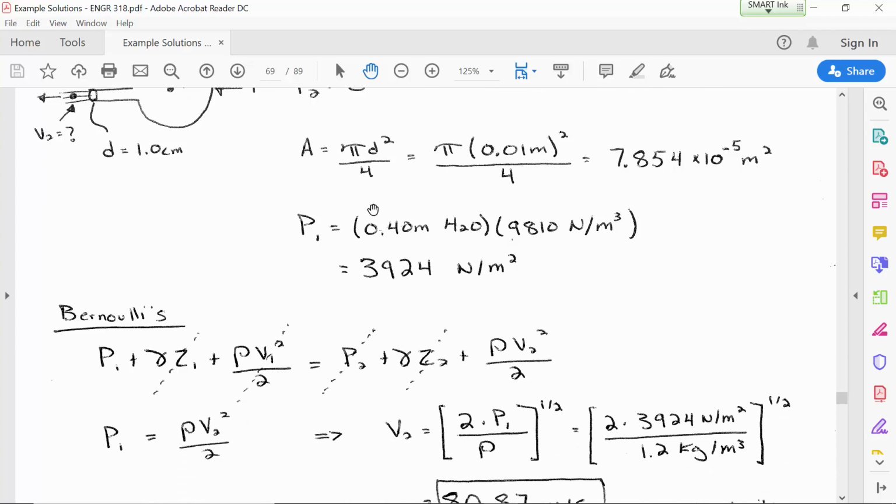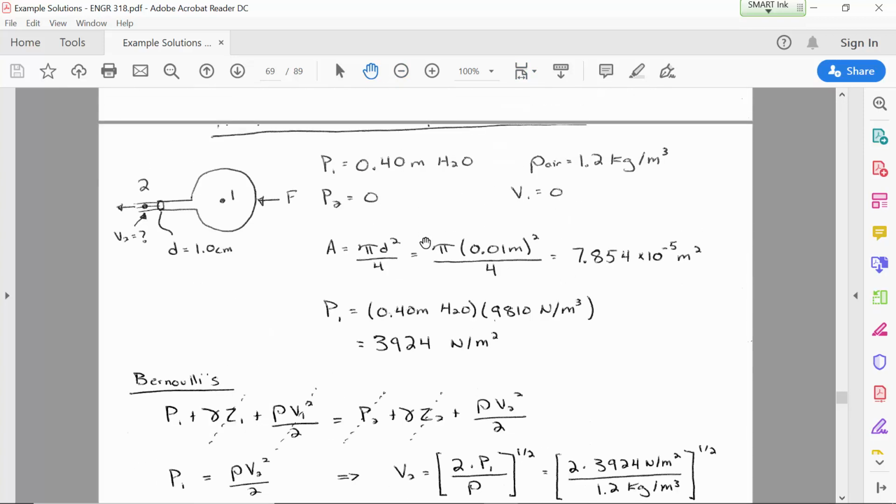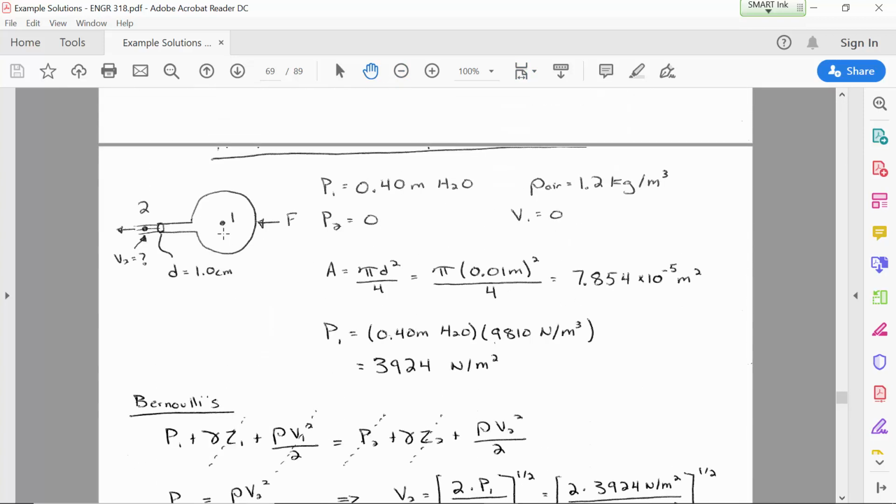Okay, now Bernoulli's equation, we cancel out several of the terms because if location 1 is at the center of the balloon and location 2 is here in the jet of air, it is not pressurized. Once the air comes out of the nozzle, it takes on the same pressure as the surrounding atmosphere. So that's why we can cancel out P2. We can cancel out both Z1 and Z2 terms because this is horizontally oriented.